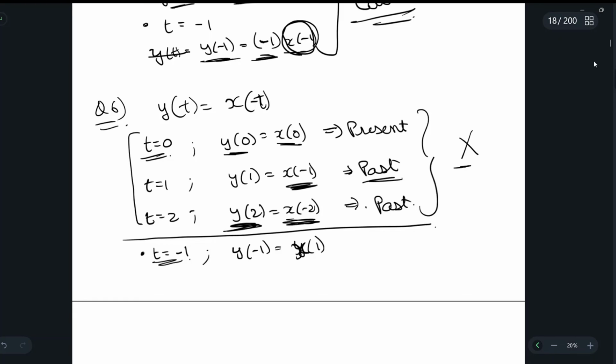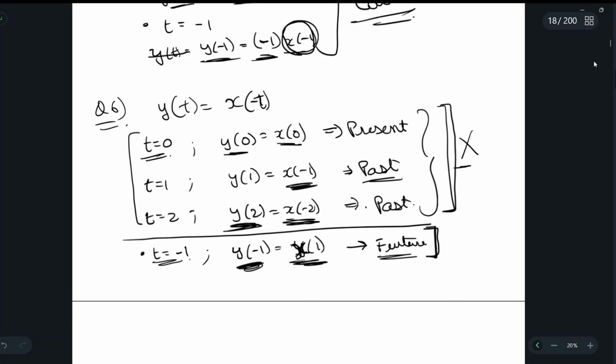So here you will notice that this is the future. That is, the output is dependent on the future value of the input. So if you had written causal for this part only, then your answer would have been wrong. We had to see the cases where we will get future also.